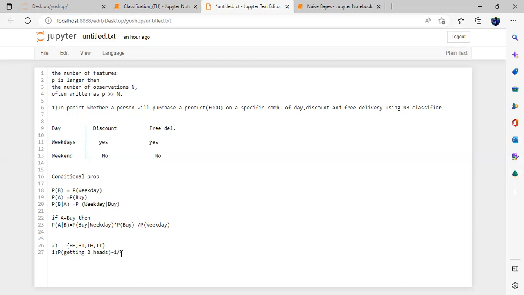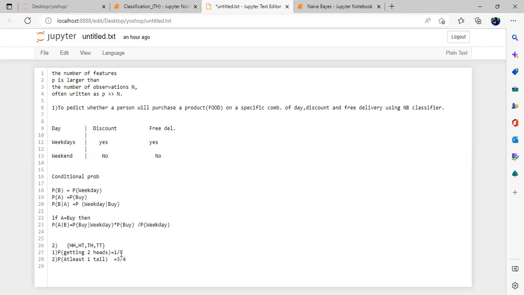Yes, 1/4, it's correct. Next is the probability of getting at least one tail. Three by four. Yes, it is 3/4.